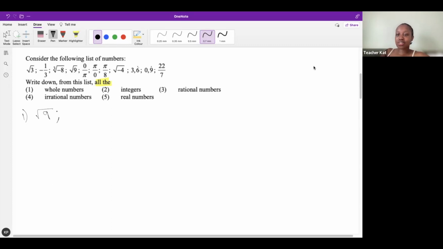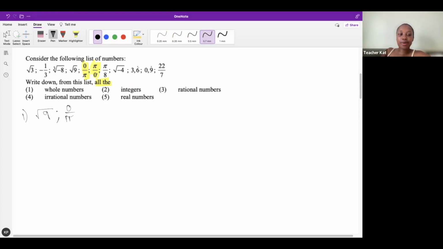Remember, it is all the counting numbers, including zero. You can say 0 divided by something, but you can't say something divided by 0. So 0 divided by pi is a whole number because my answer is 0.